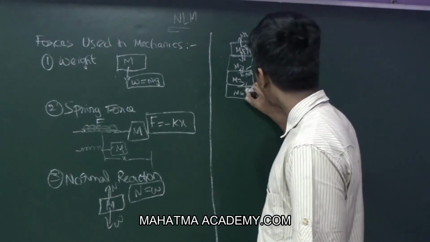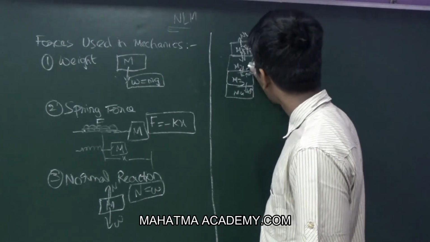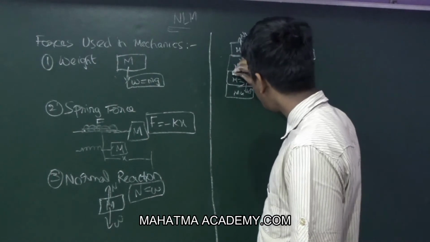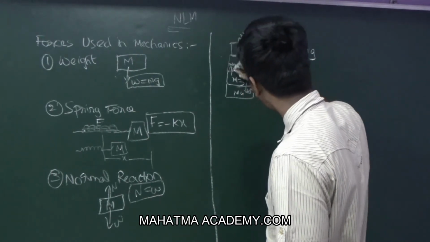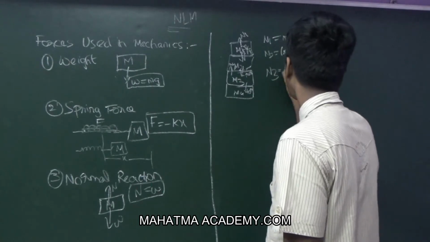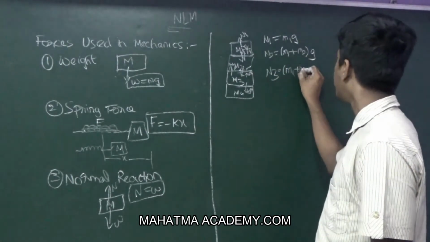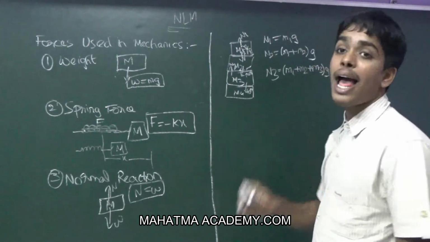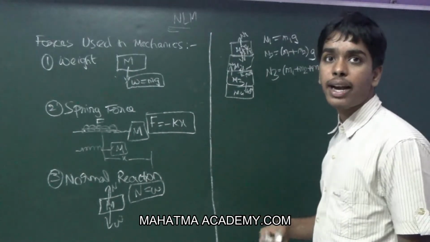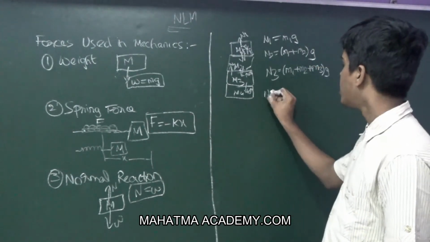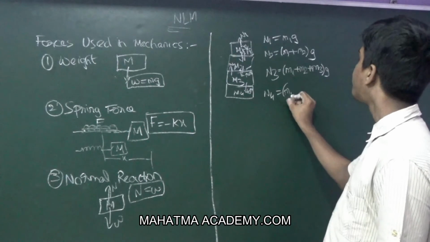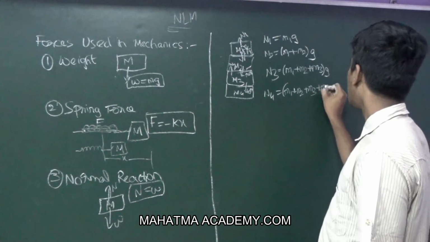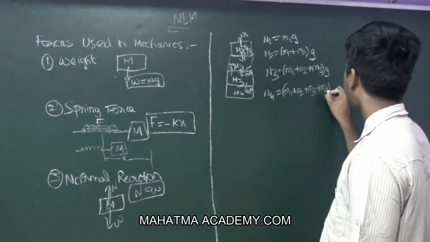For the third, it is M3g, and N3 is equal to M1 plus M2 plus M3 into g. Similarly, for the fourth, N4 is equal to M1 plus M2 plus M3 plus M4 into g.